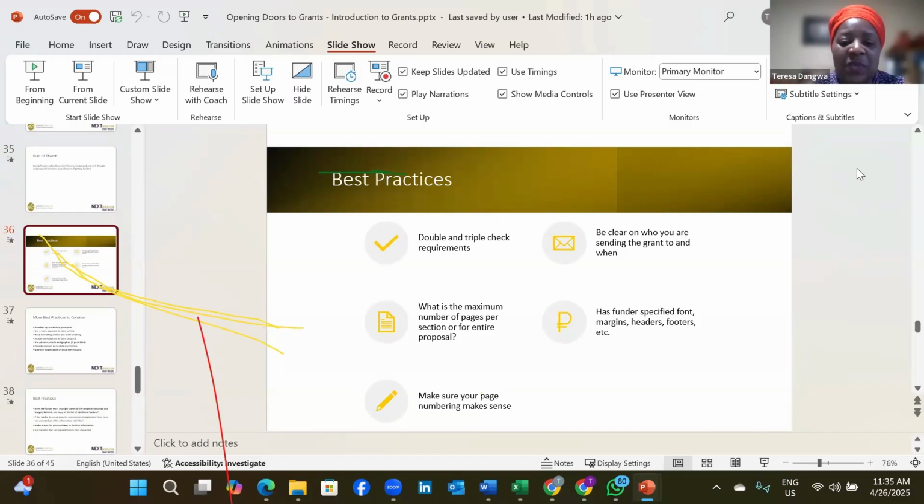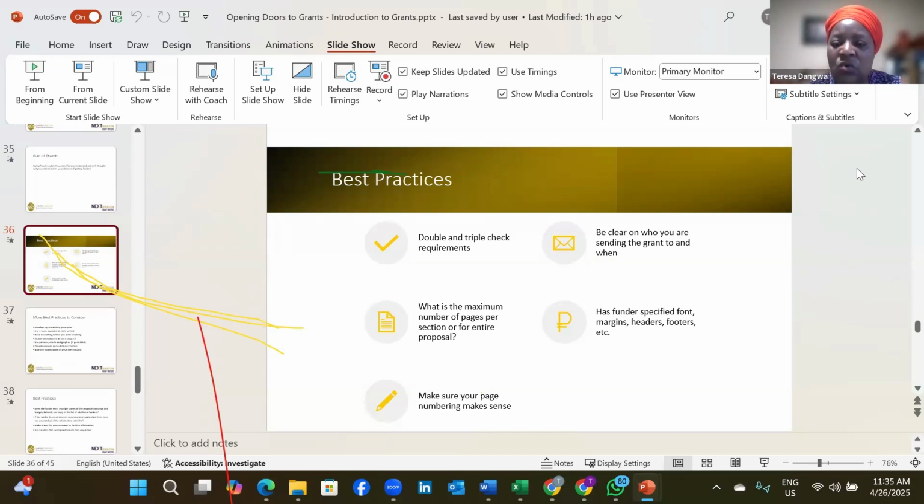Make sure that your page numbering makes sense. Sometimes your CFO is the one that worked on the budget piece, and now they are giving it to you, who is going to put the whole proposal together. You're going to submit the whole proposal together. If there is a page numbering that is required, make sure that they are numbered effectively.